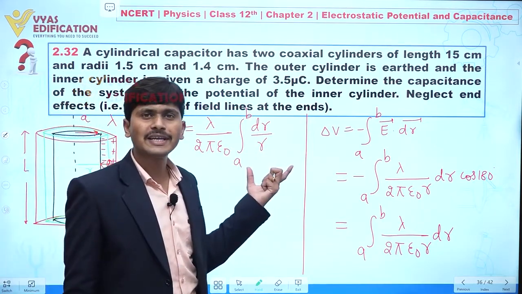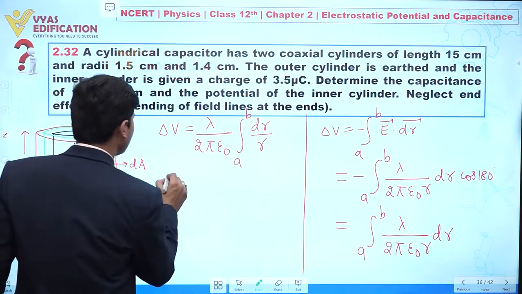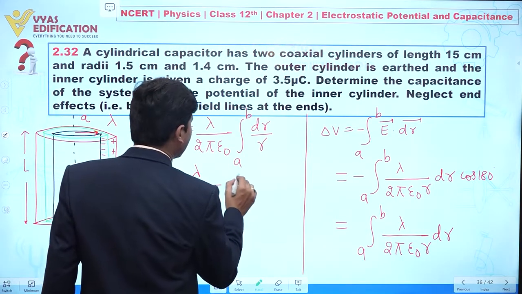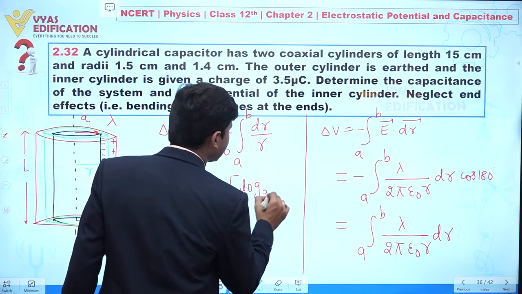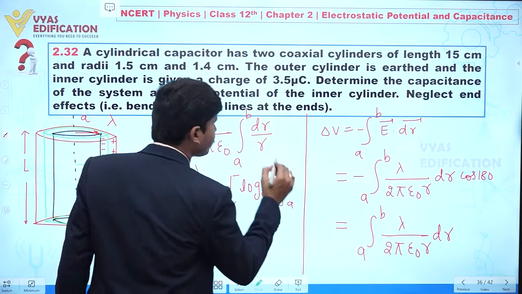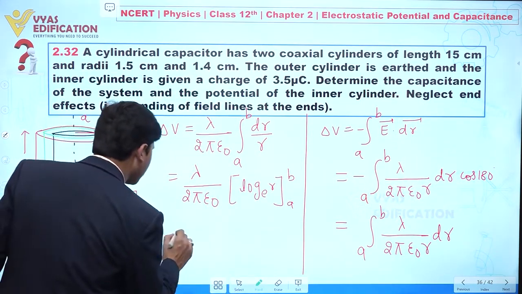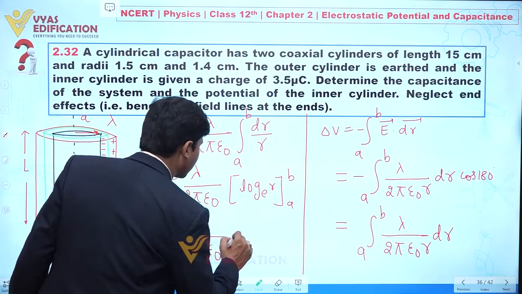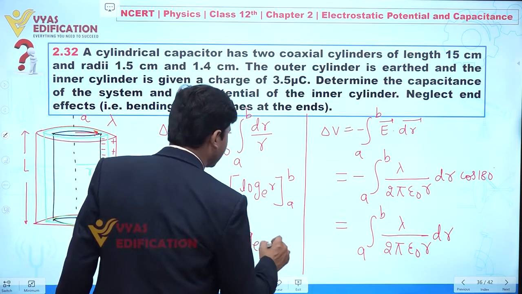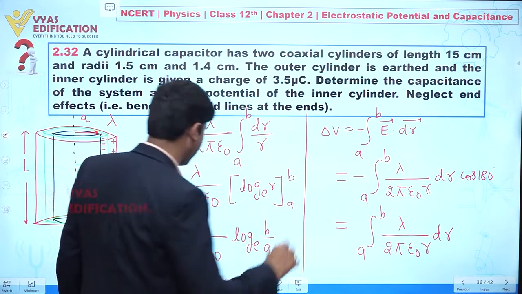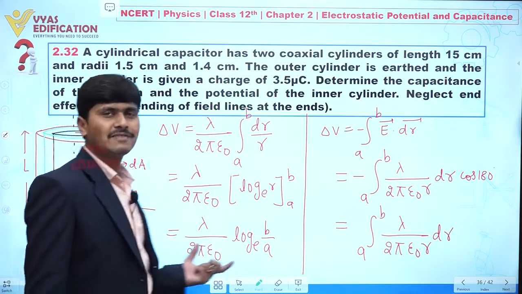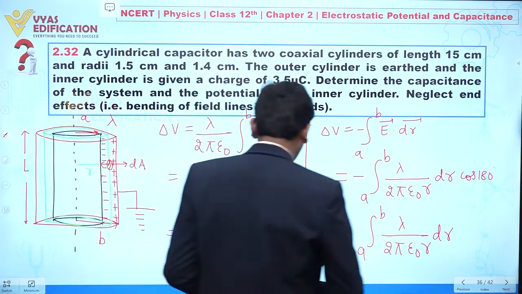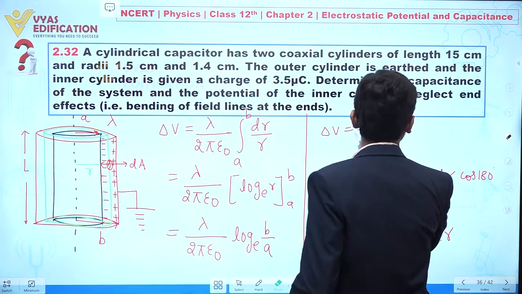Now we know the integration of 1 by r is log of r, so we can write lambda upon 2 pi epsilon naught, log base e of r from a to b. Clear? So from here we can write lambda upon 2 pi epsilon naught, log base e of b by a. Clear? So this is the value of delta V. Now can we calculate the value of capacitance? Yes. How can we calculate capacitance? Listen carefully.